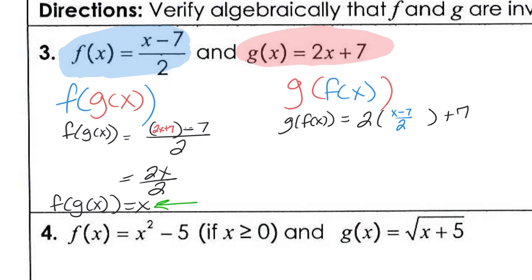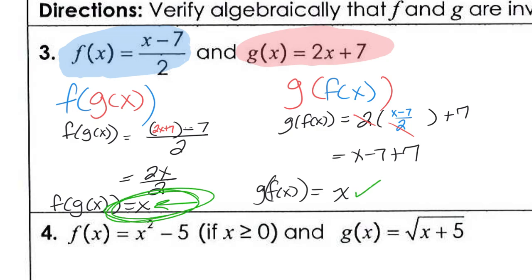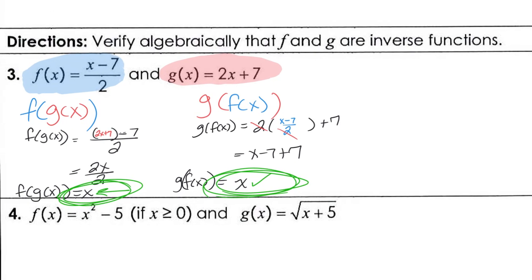I notice that the 2s cancel out, leaving me x minus 7 plus 7, which is just x. Because both of these came out to x, that's how you verify.